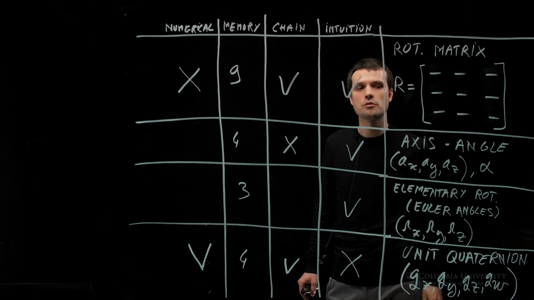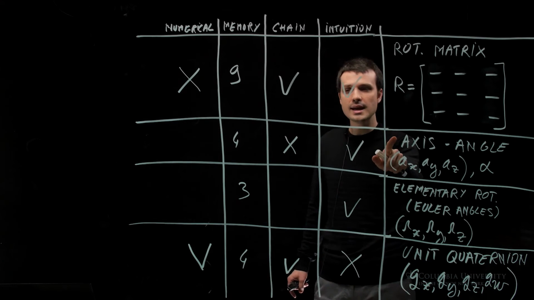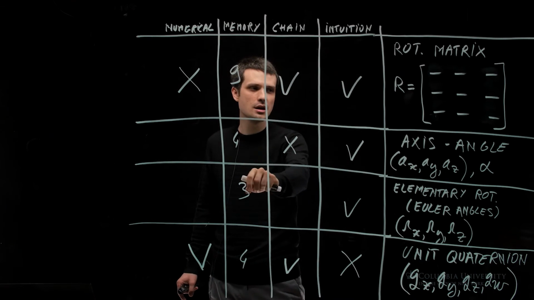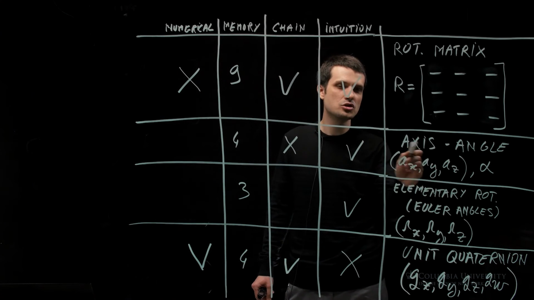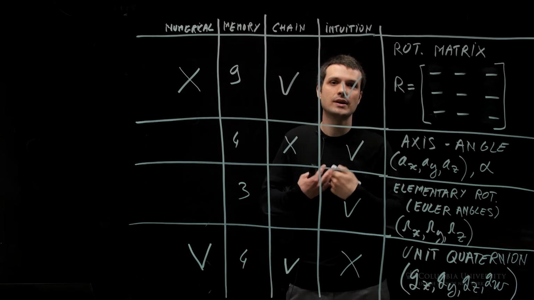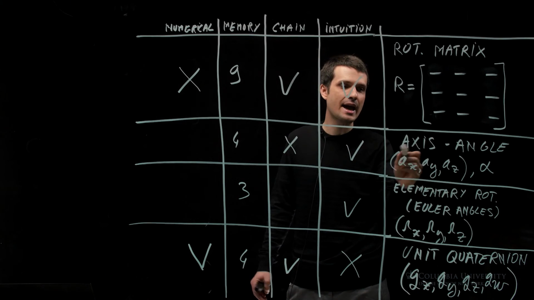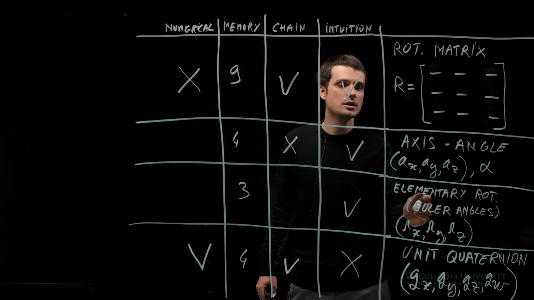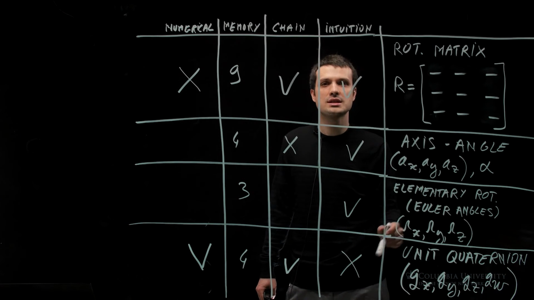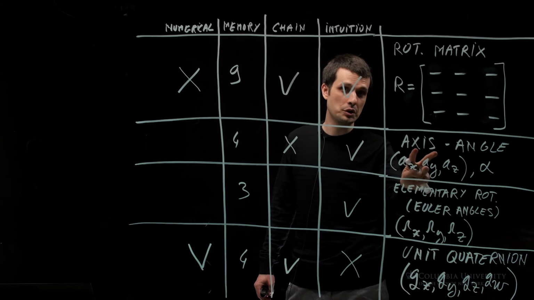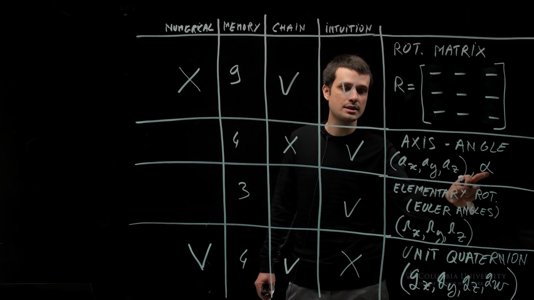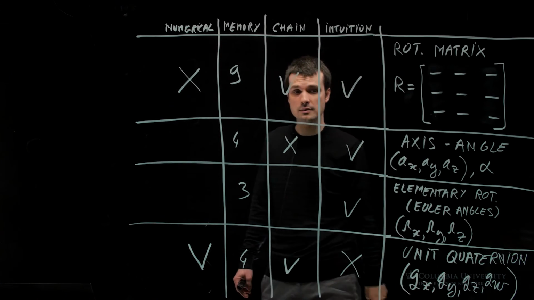The axis angle, that's 4 numbers, but again, these 4 numbers are not independent because the axis is normalized. The axis just specifies a direction in space. The magnitude of this vector is meaningless, so usually the axis component is normalized. So this really is only 2 independent variables plus the angle. So this gives us 3 independent variables.